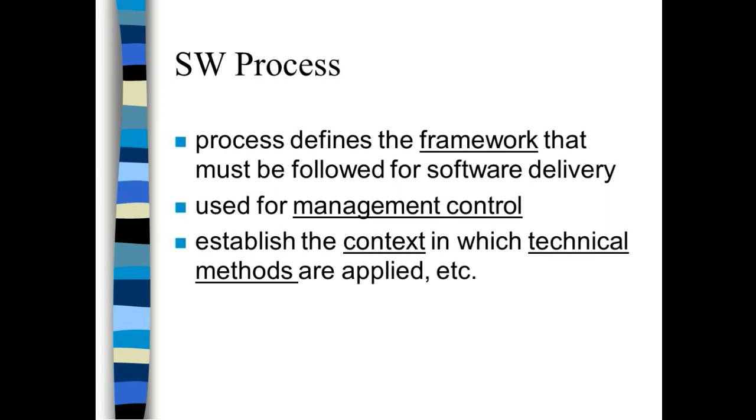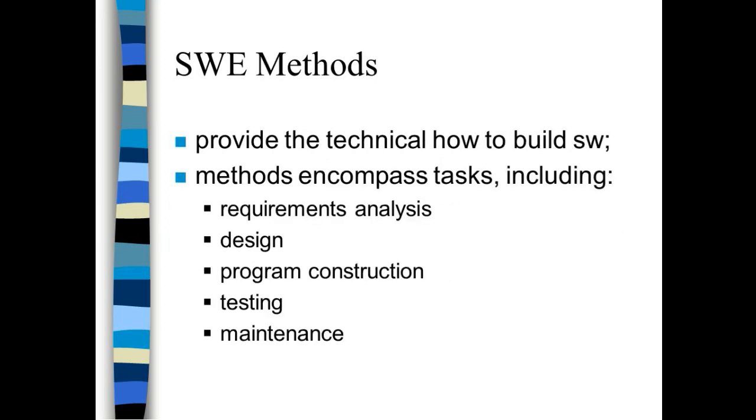Software process defines a framework that must be followed for the software delivery. It is used for management control. It establishes the context in which the technical methods are applied. While developing software, an engineer needs to follow some steps. In these slides we have discussed all the steps that need to be followed while developing software.